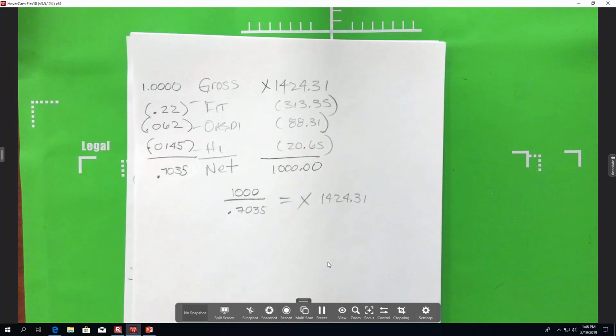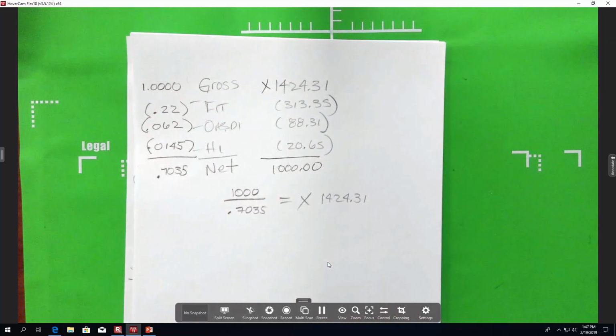Oh, why did that end up to be $2 off? When they did the 22%, I got 312.72. Is that where I'm off? Hold on. It's 1,421.46. That's what I got for my gross. Oh, I'm sorry.